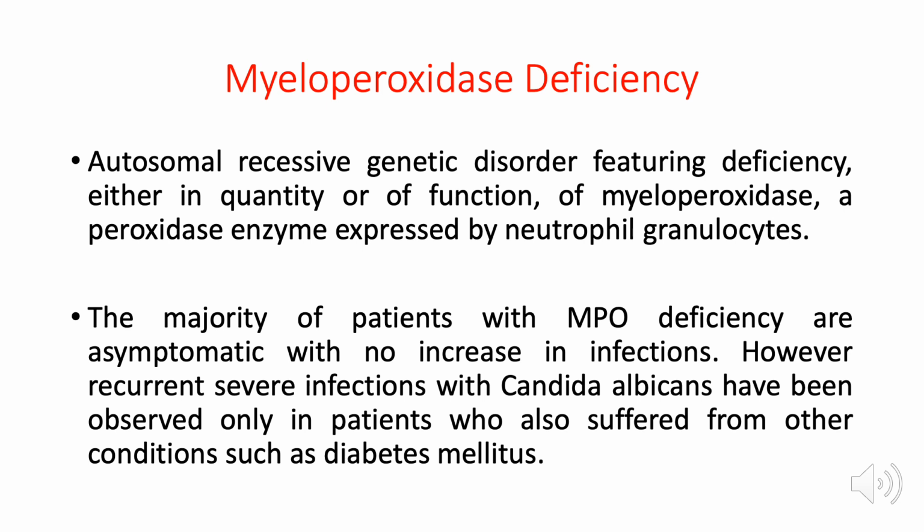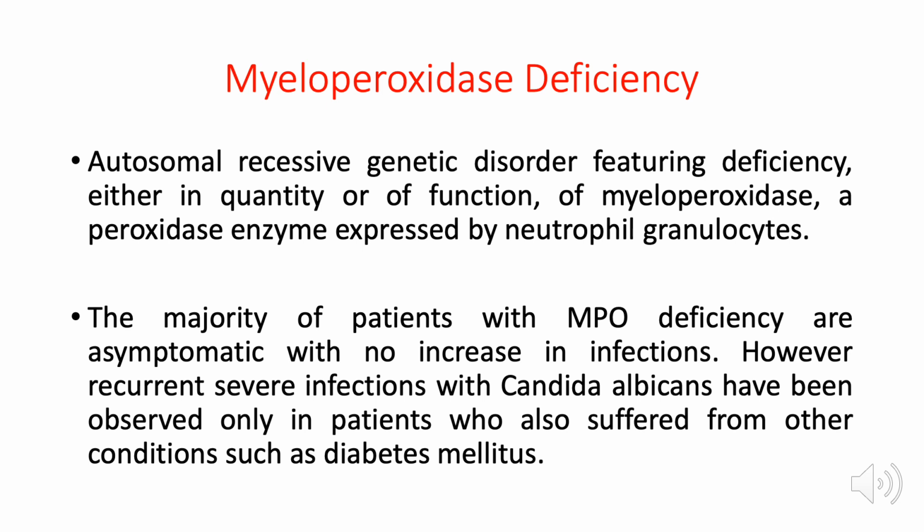That's why in patients with myeloperoxidase deficiency, even if they cannot produce hypochlorite, they still have the hydrogen peroxide to protect them. That's why they tend to be asymptomatic.